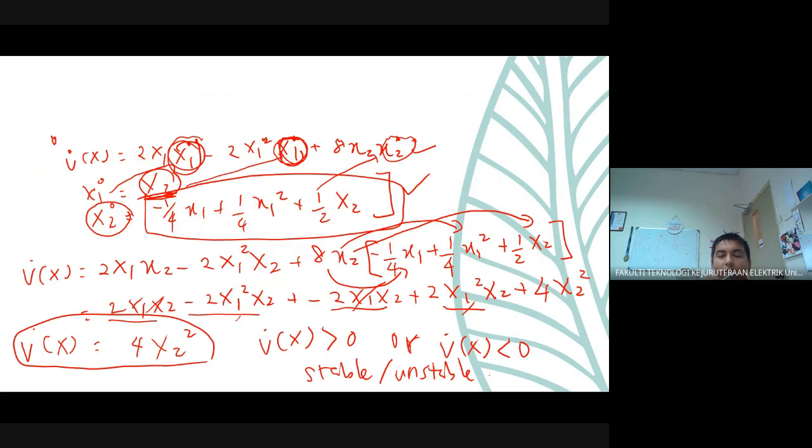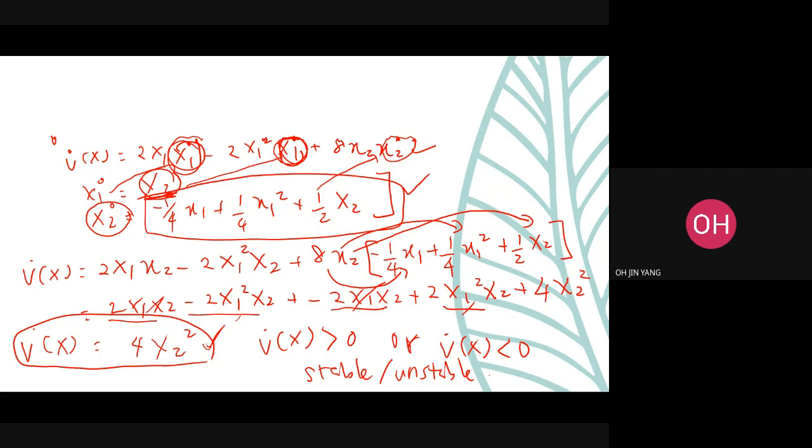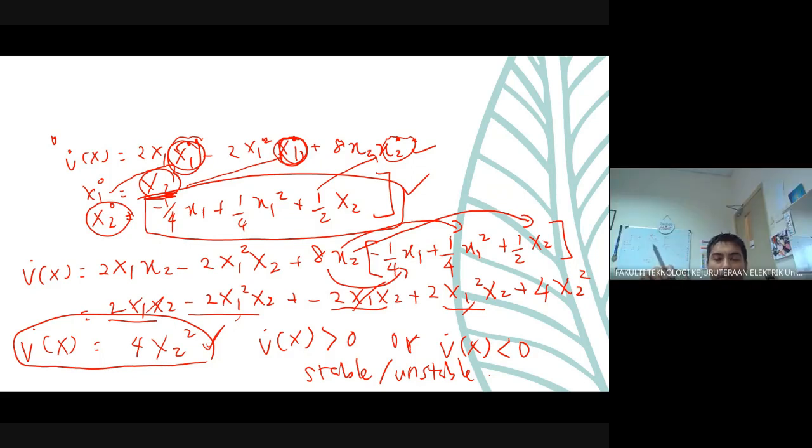Do you have any explanation for your answer based on this equation? Just give some explanation only. Why will this equation become unstable? Positive. So maybe you can say something like this.